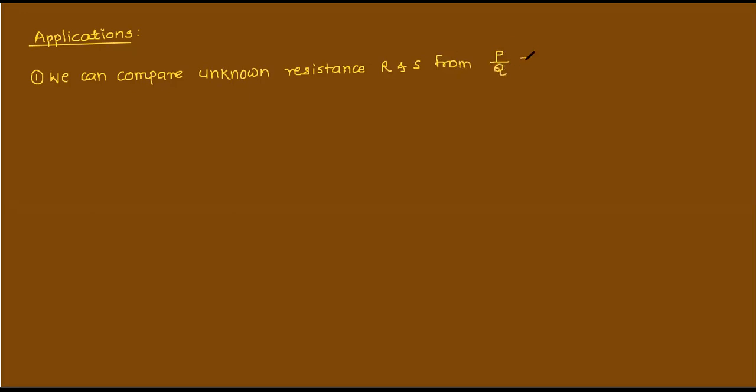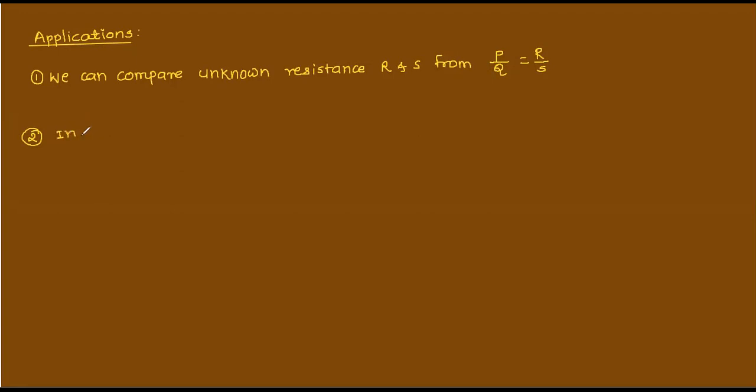P by Q is equal to R by S. So out of these 4, if any 3 are given, you can find out the 4th value also. This is your first application. Second application.